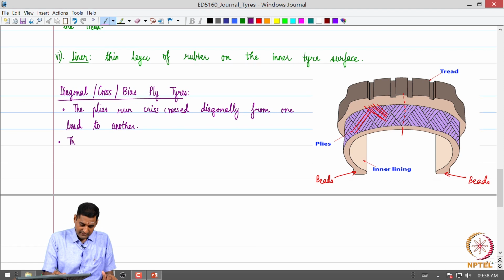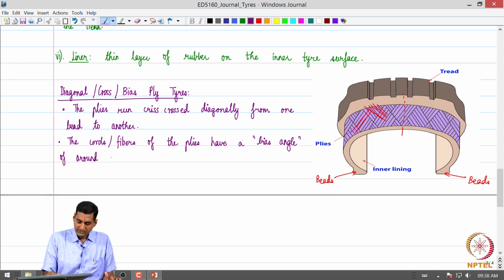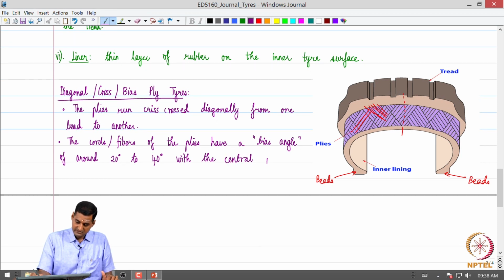The cords or the fibers of the plies have a bias angle of around 20 degrees to 40 degrees with the central plane of the tire.